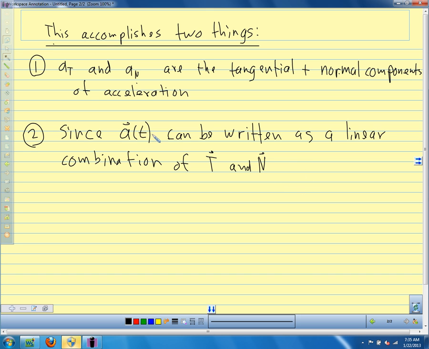So our acceleration is some quantity times our unit tangent vector, plus some quantity times our unit normal vector.